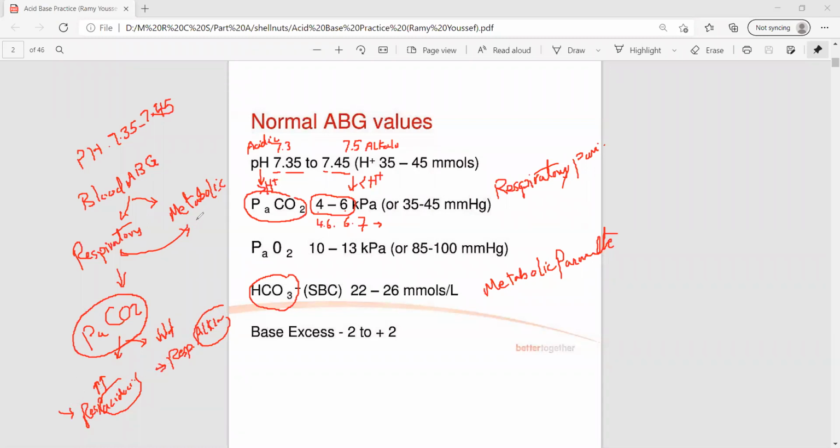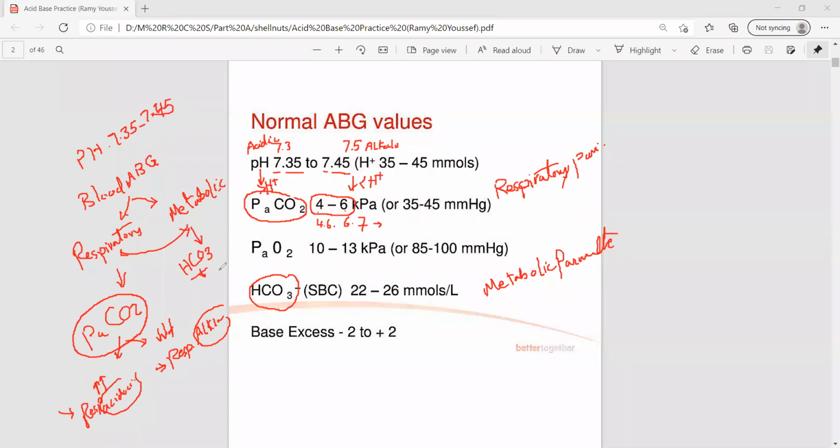The other one is the metabolic. The metabolic parameter depends on bicarb. HCO3 is metabolic. What can we see in this?